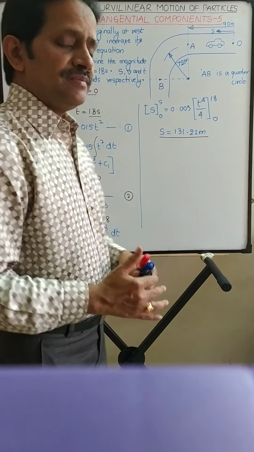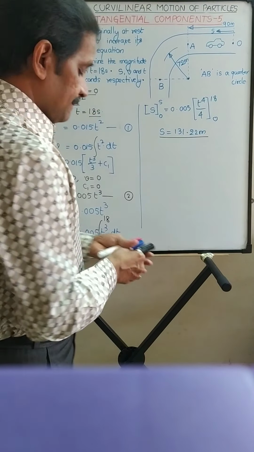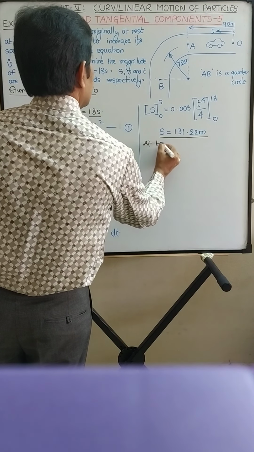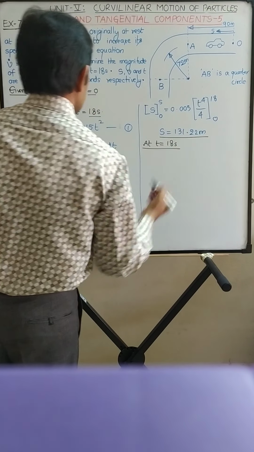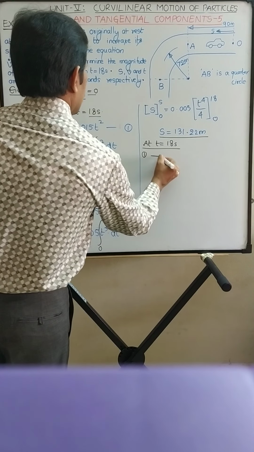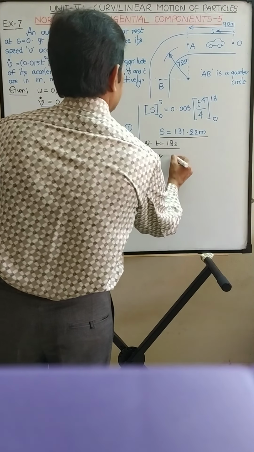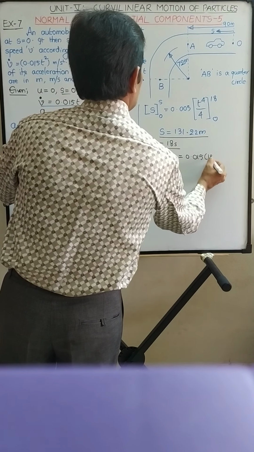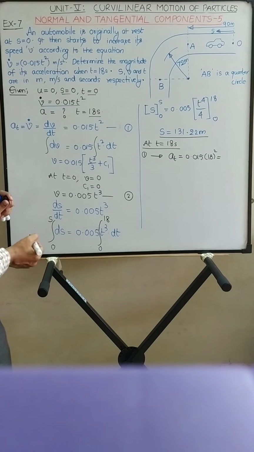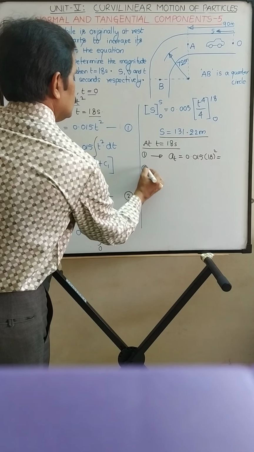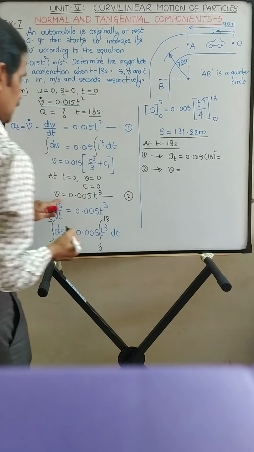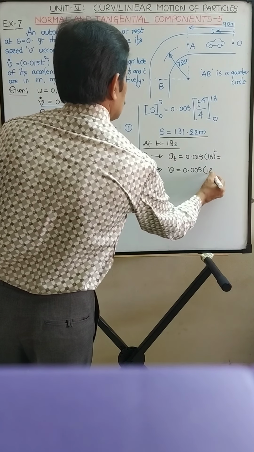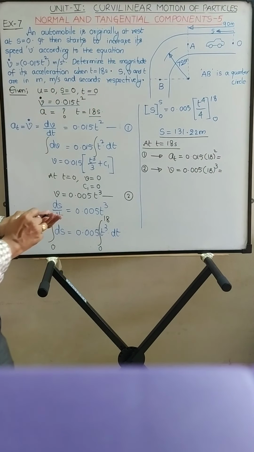Then we have to calculate AT and AN. So from equation 1, at t is equal to 18 seconds, we get AT, that is the tangential component, 0.015 into t square. And from equation 2 we get the speed of the automobile, that is 0.005 into 18 cube, right?